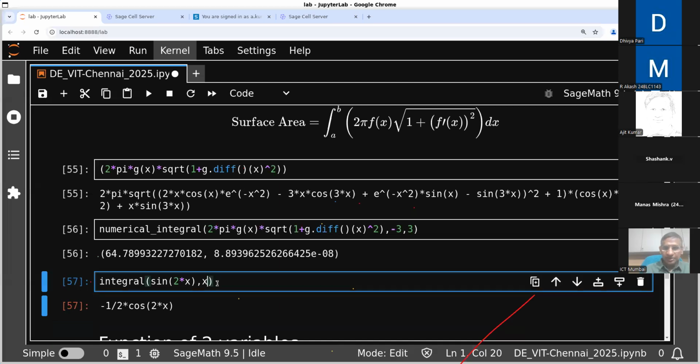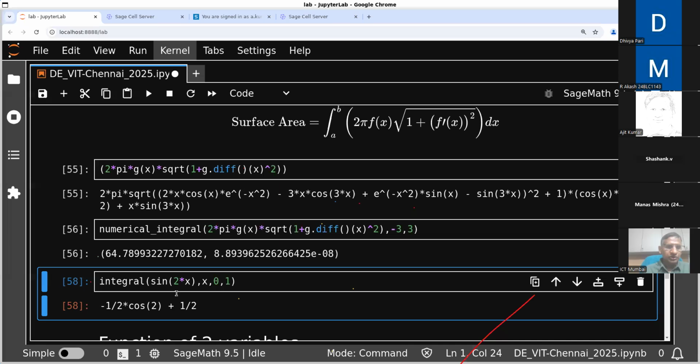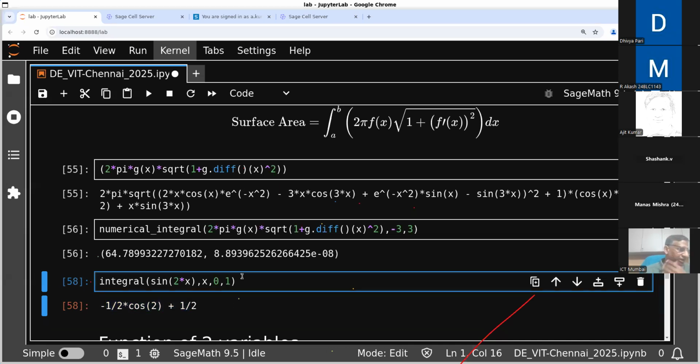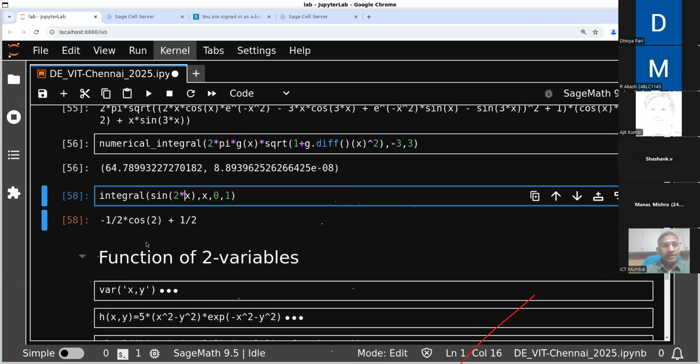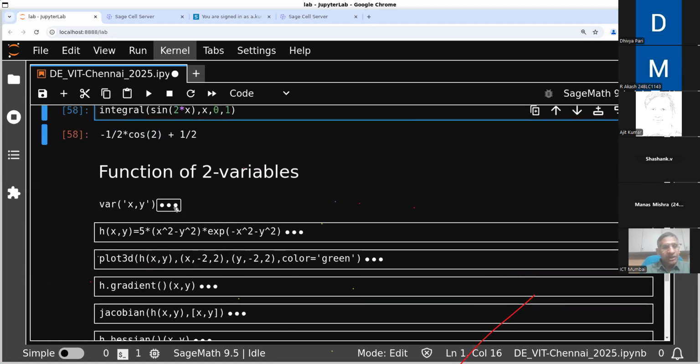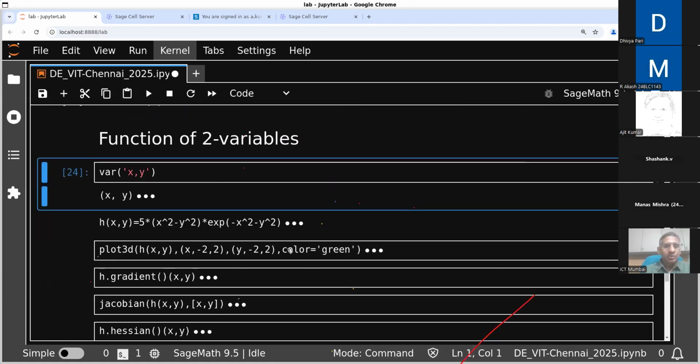Or if I say integral of this with respect to x from 0 to, let us say, 1, then also it will find it, right? So it can find the symbolic integral, but if the integral is not possible to find, then you can find the numerical integral.